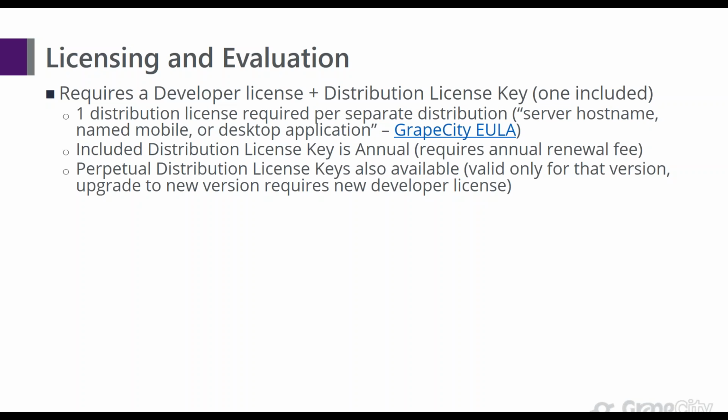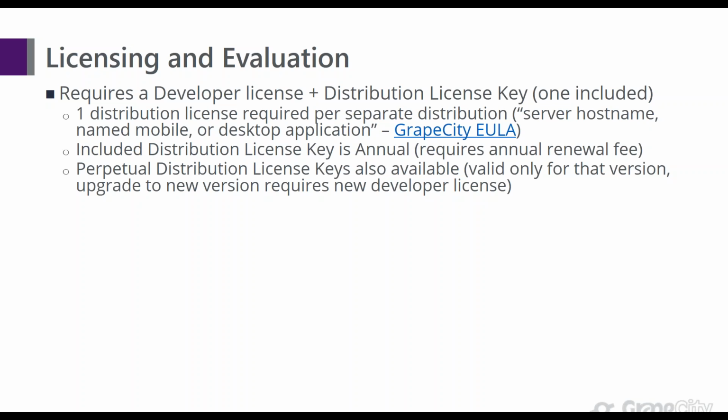We also have perpetual distribution license keys available, and you can get a perpetual distribution license key instead of the annual key with the developer license for an added fee. The difference is that perpetual keys do not have an expiration. They will work forever, but they're only valid for that particular major release version.